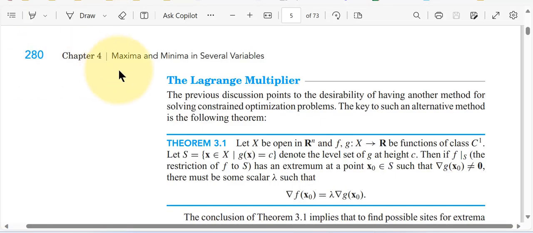Okay, so now she's going to introduce the concept that we discussed, called the Lagrange multiplier. And she says it's based on this theorem, which is what we discovered when we looked at the curves, and that is that the gradient of f will be a multiple of the gradient of g at the point which is the solution to the problem.